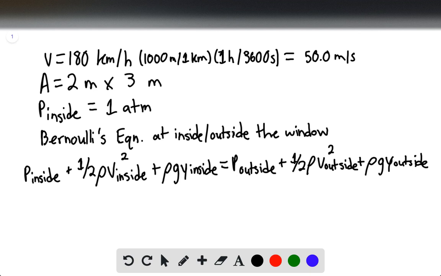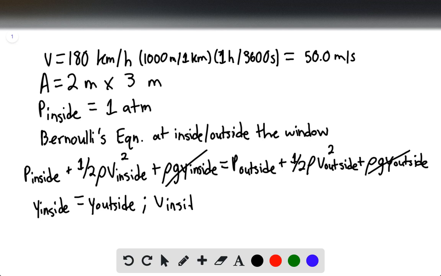So we can assume that y inside equals y outside. So the height difference between the outside and the inside of the window is going to be 0. So we can say that these two terms cancel, and then we know that the velocity on the inside is going to be equal to 0 meters per second.